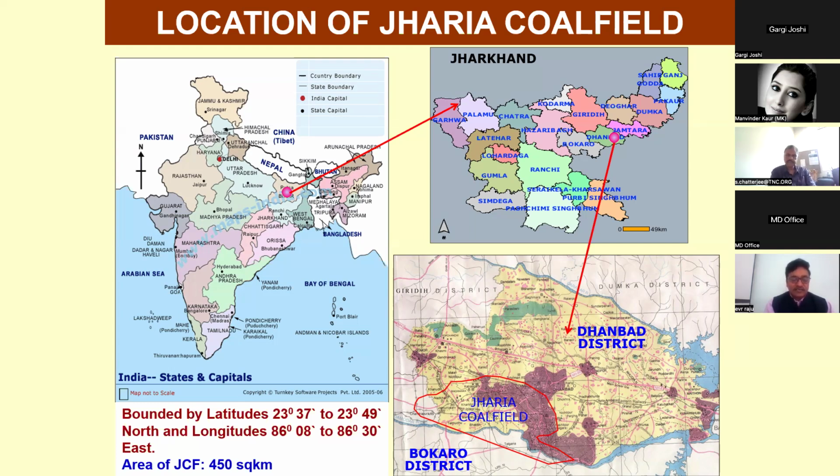You will find this coalfield in the form of a tortoise or a turtle. You can see even in the diagram this red turtle shape, and in the satellite imagery or Google Map, it is highly degraded. That shape can be visible. Next, please.